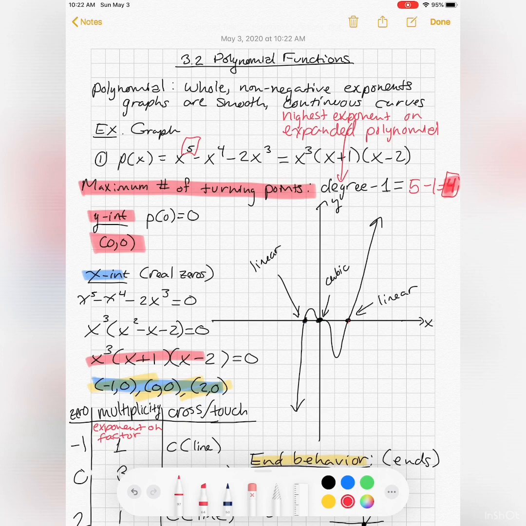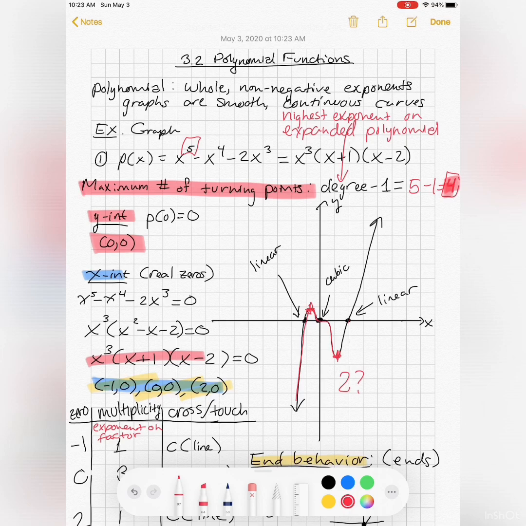All right, so what is a turning point? Well, that's a point where I change direction. In other words, I'm increasing, then I'm decreasing. So see, here's a turning point. This is actually not a turning point. I'm decreasing. Here's another turning point. So this graph only has 2.